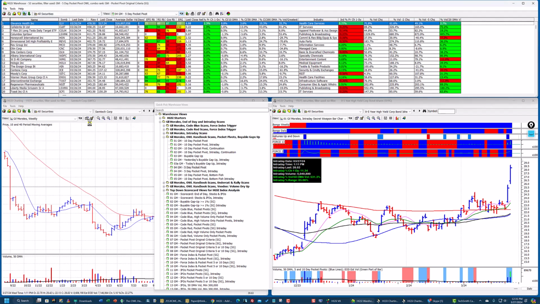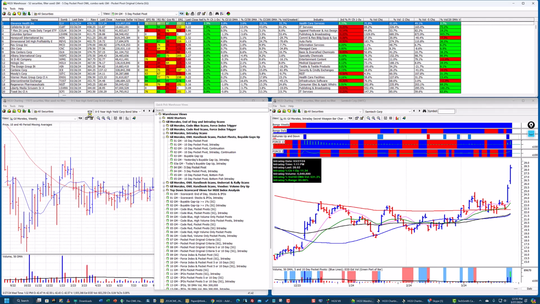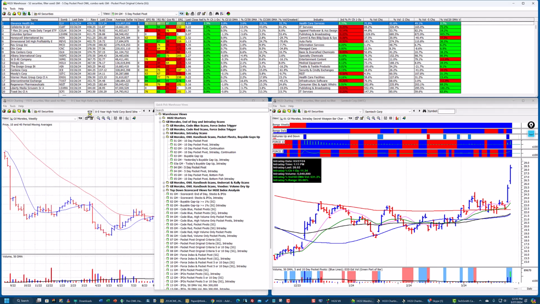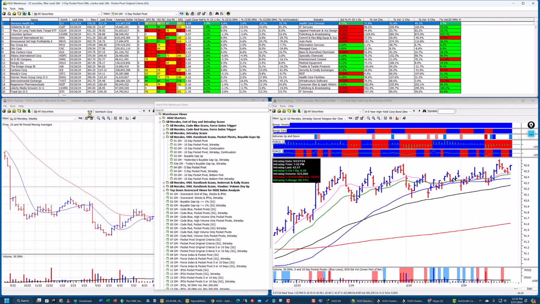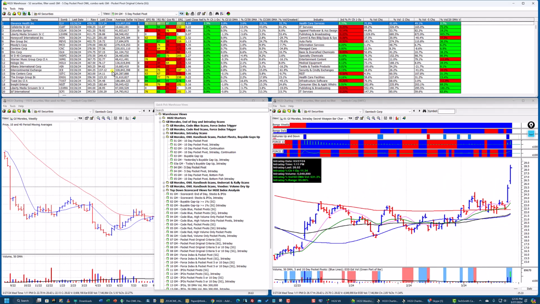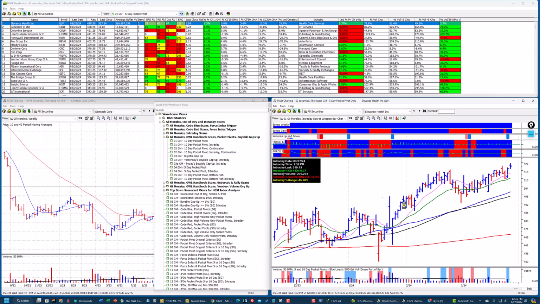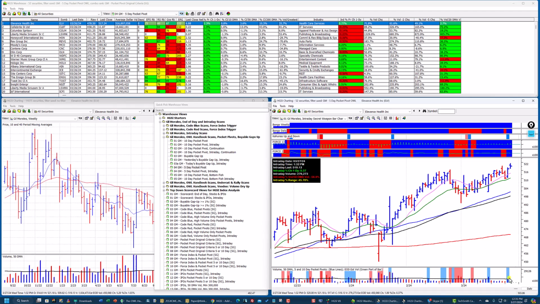I just thought that would be nice to have because a lot of you like to use ETFs only or scan on both of them. So it's just a nice switch to have. So this is a 5-day pocket pivot, and this is yesterday's. You can see right here the blue line on the 5-day pocket pivot. Pretty much the same as a 10-day, just a shorter time period.